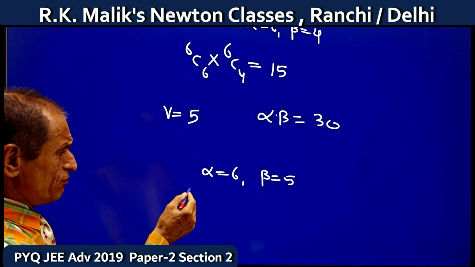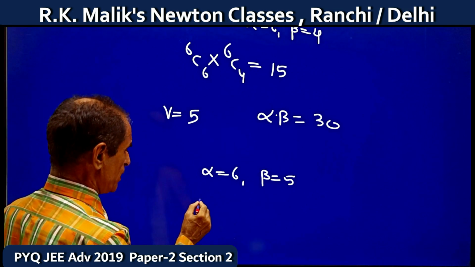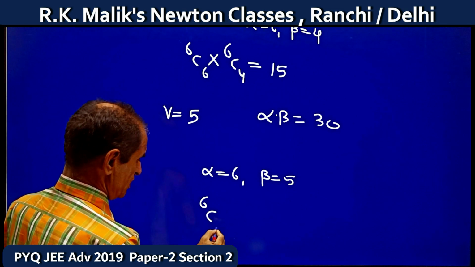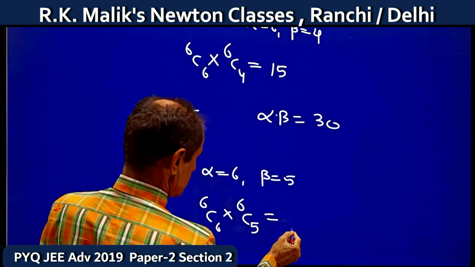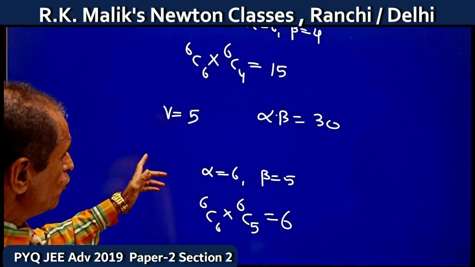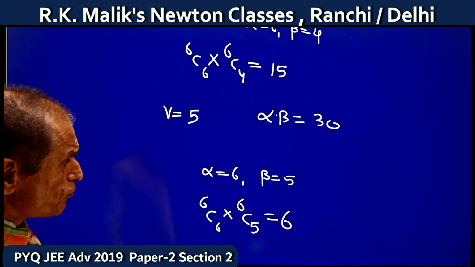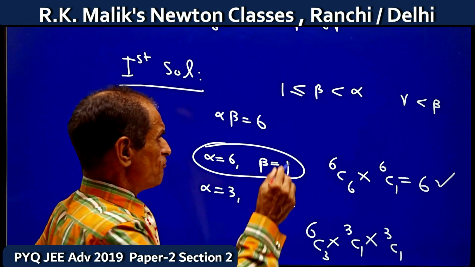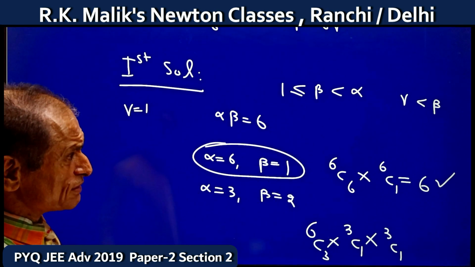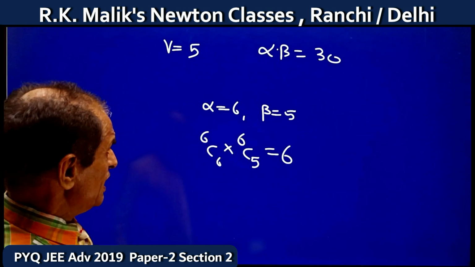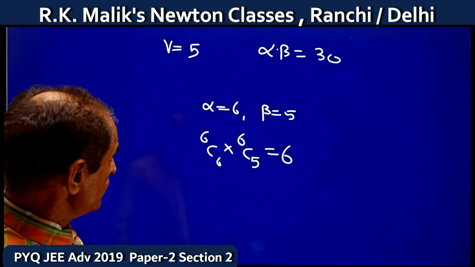Therefore, the number of ways in which the sets A and B can be made will be 6C6 into 6C5, that is 6. And note that gamma equal to 6 is not possible because beta is less than alpha. Therefore, 6 elements cannot be common. Hence, all the cases are over.